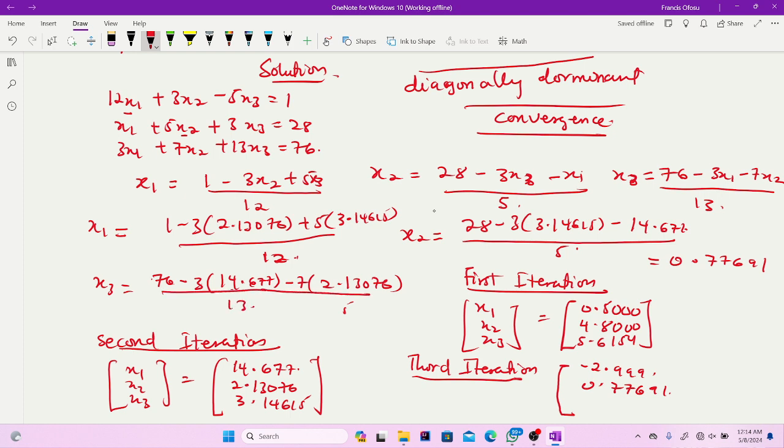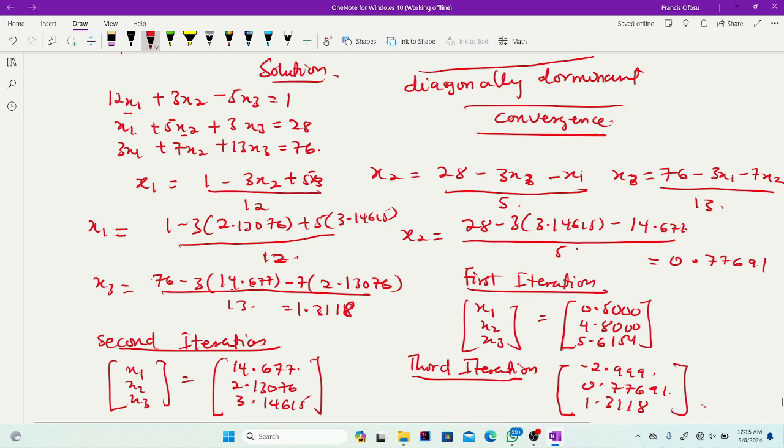You punch this one into the calculator, which is 76 minus 3 multiplying 14.677 minus 7 times 2.13076 all over 13. So 1.3118, right? So I'll have 1.3118. So this becomes the end of our iteration process.